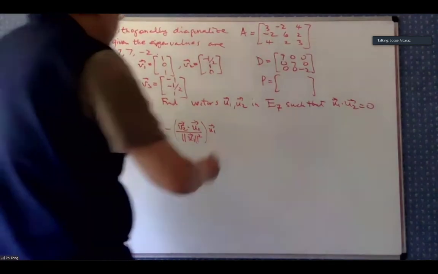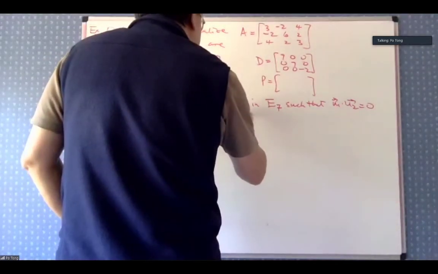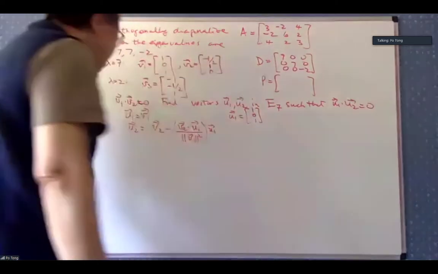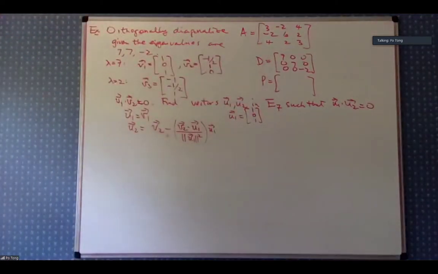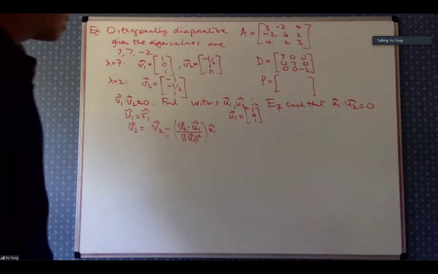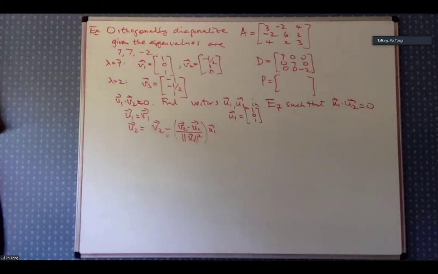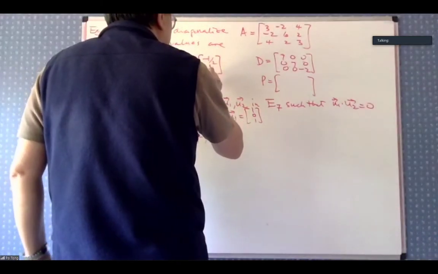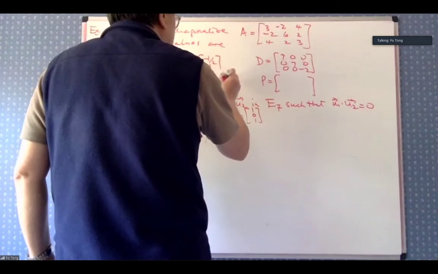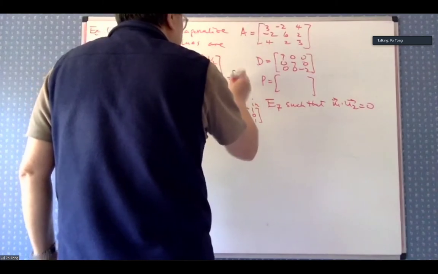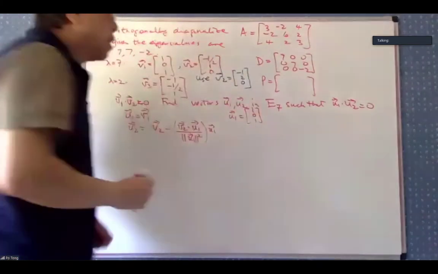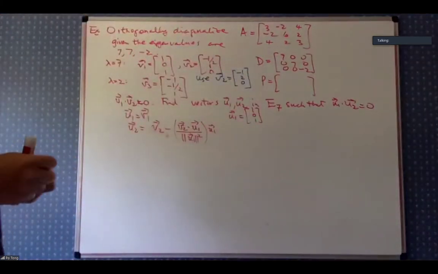Yes. So my U1 is equal to (1, 0, 1). If you like, you can use V2 equal to (-1, 2, 0).